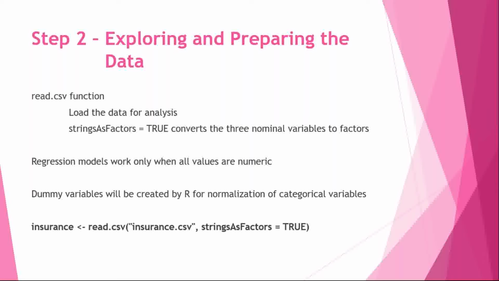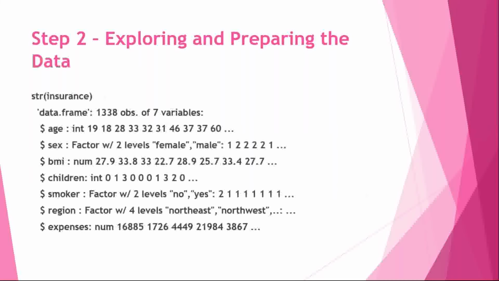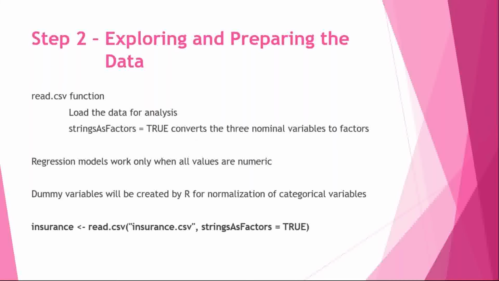Strings as factors equal to true. That's its meaning. So based on what we have learned on day one, that is R fundamentals, categorical variables are also known as factors or factor variables. Let's now execute this command.